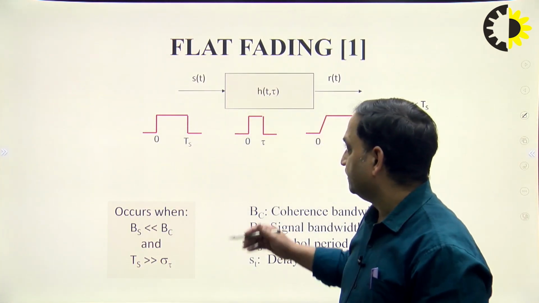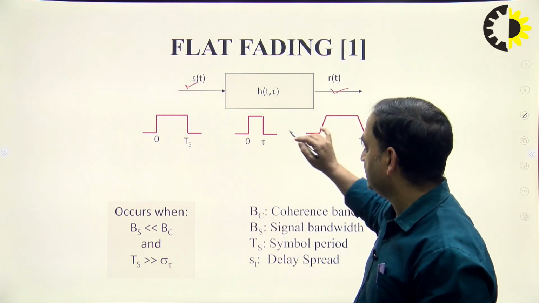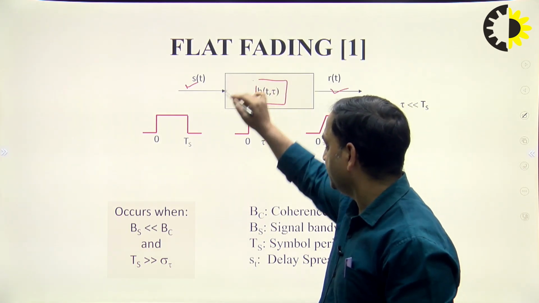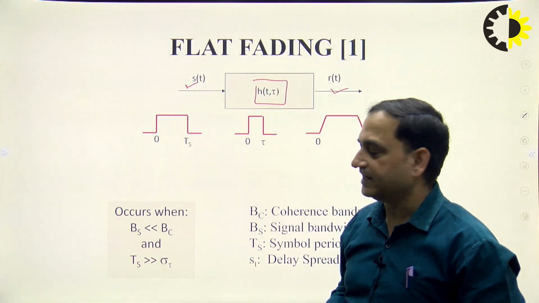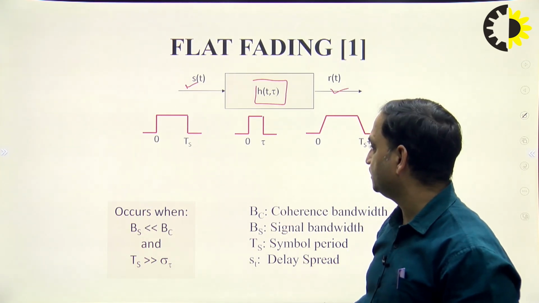So here we have the transmitted signal, we have the received signal, and here H is nothing but the fading. This H is the modeling of the fading, that is H(t, tau).